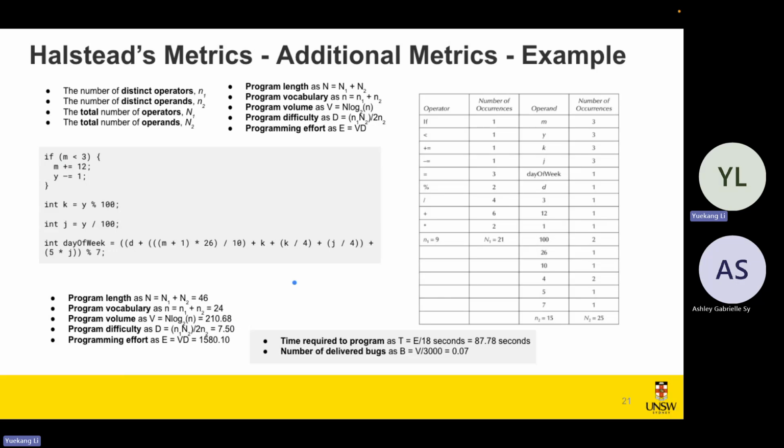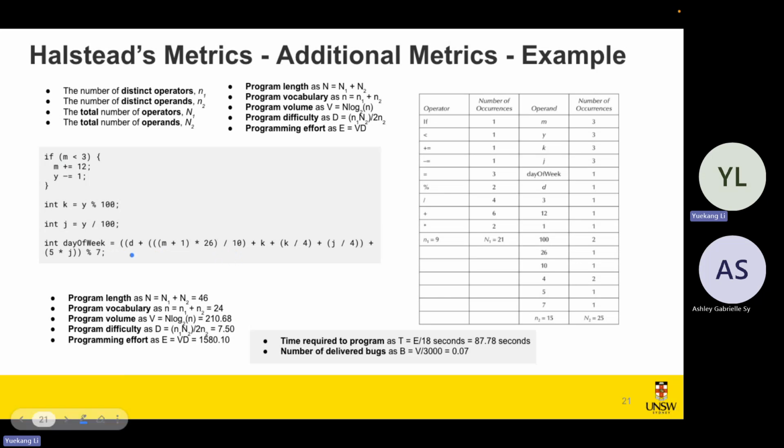And the number of delivered bugs expected for this program is calculated as V divided by 3,000, and the value is 0.07. Because it is smaller than 1, it means that having no bugs inside this program is acceptable, and having one bug is not acceptable.